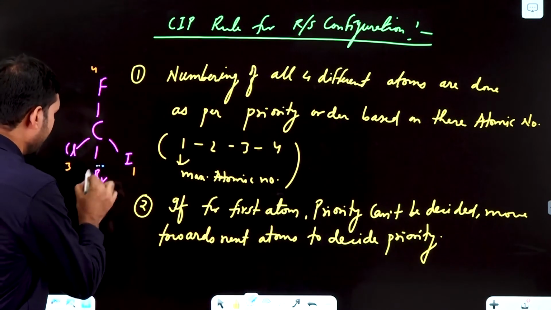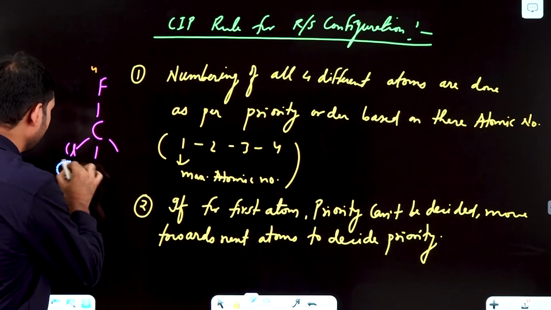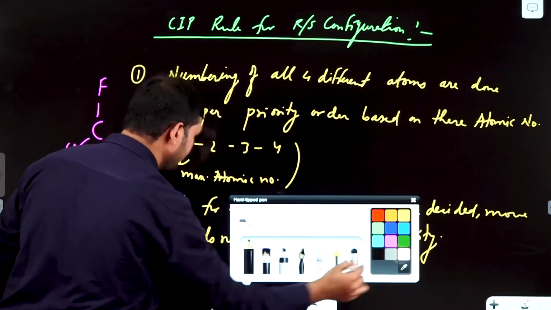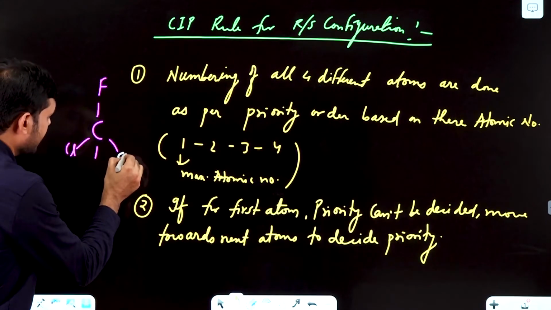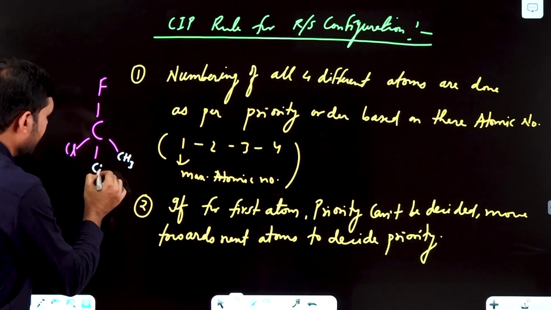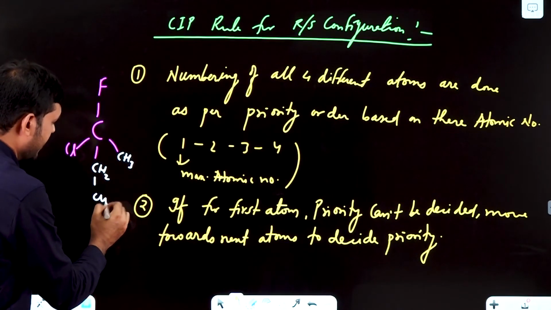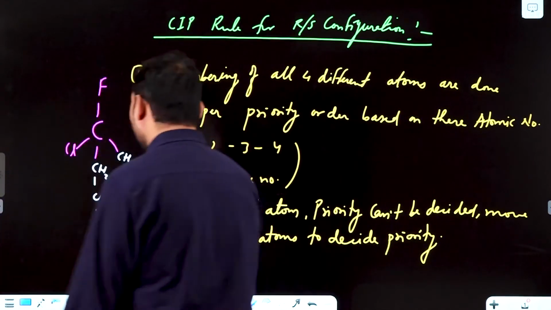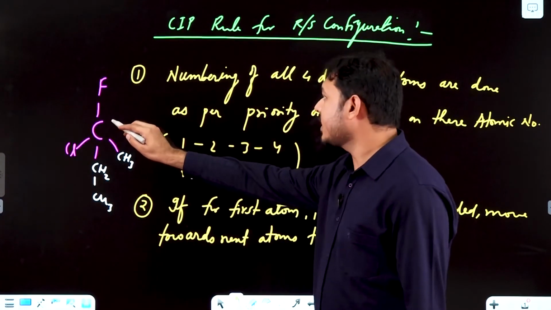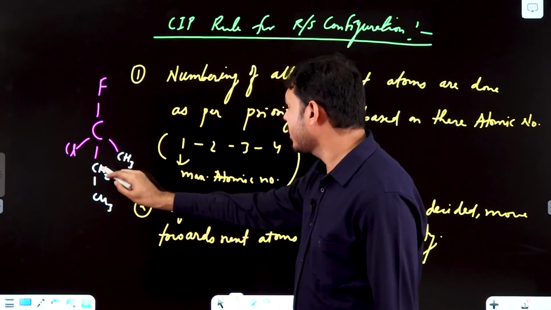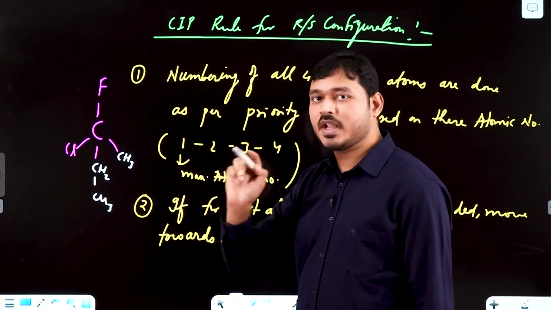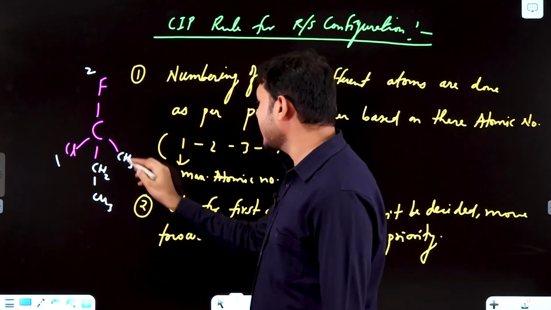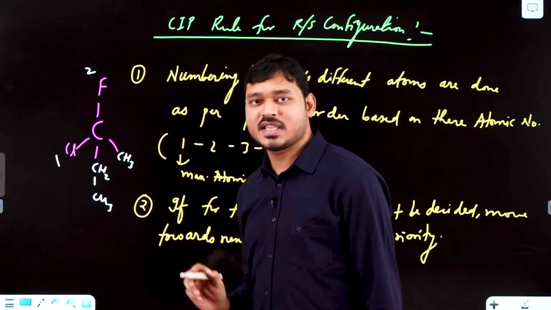Suppose it has CH3 and it has CH2CH3. Now friends, you can see that this carbon is attached to fluorine, chlorine, carbon and carbon. On atomic number basis, chlorine will be 1, fluorine will be 2. Now the carbon and carbon both have the same atomic number.